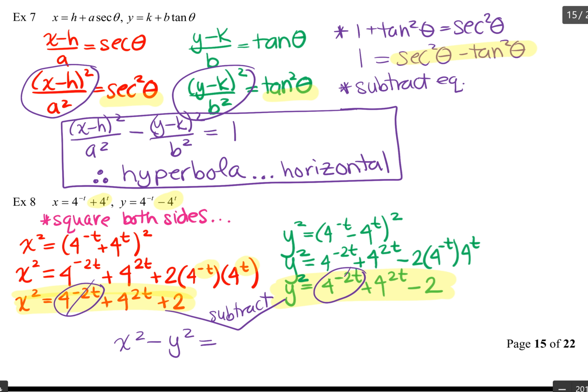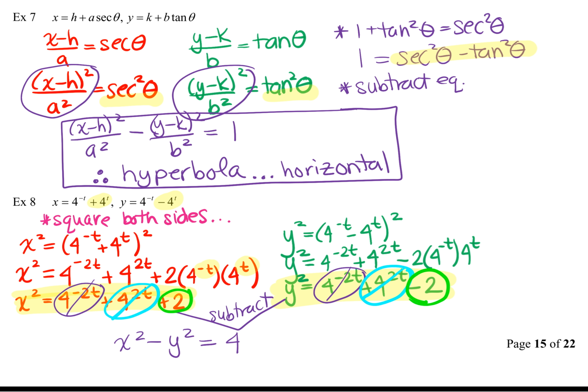So cancel, cancel. Similarly, I have 4 to the 2t minus 4 to the 2t. Those two will cancel. And then I have a 2 minus a negative 2, which is going to give me plus 4. So now I have x squared minus y squared equals 4.